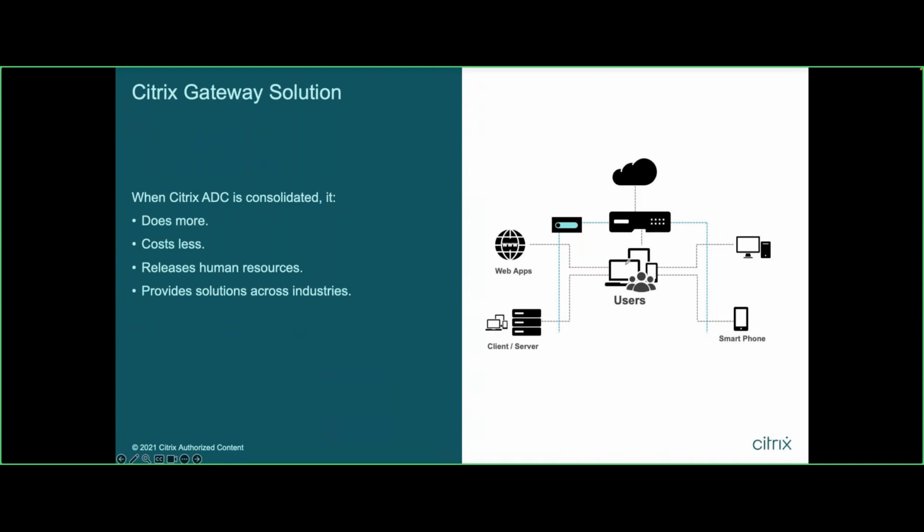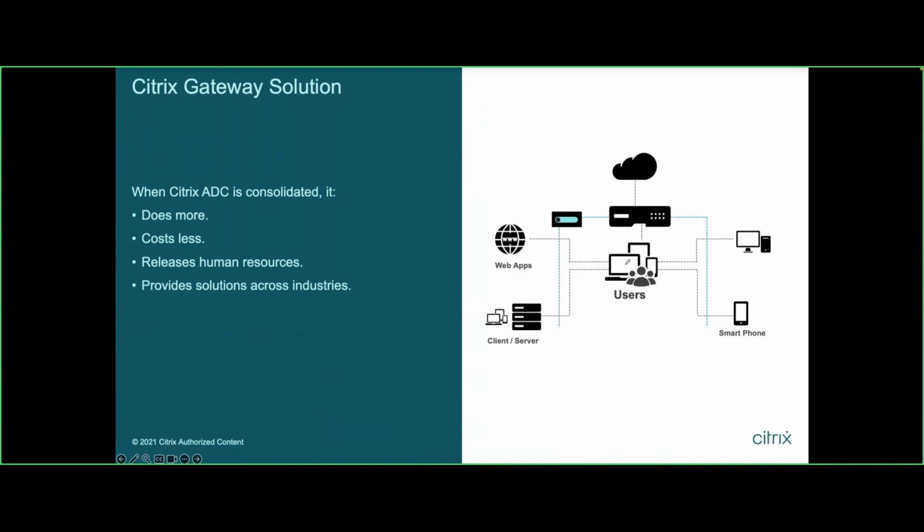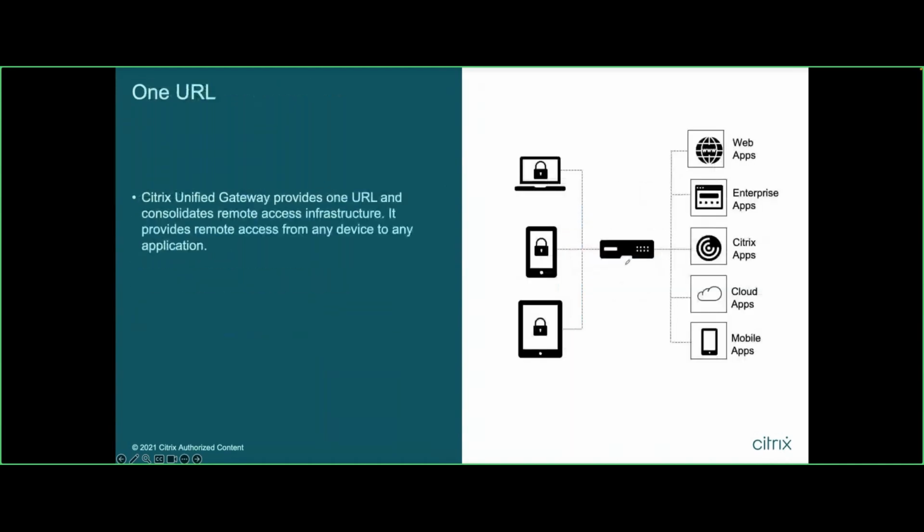You can use session policies. So one URL is going to give you all the access to your infrastructure, right? Because the ADC is doing content switching, that is how the concept of one URL is achieved, right? Right, sir? Are we good?